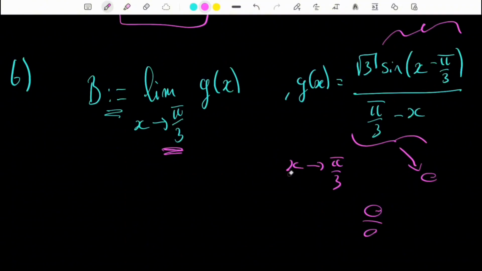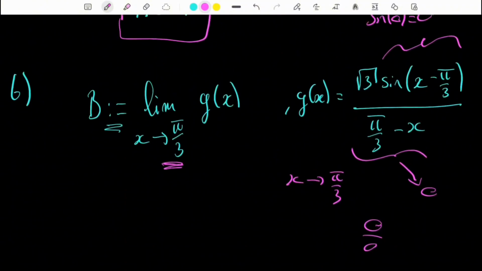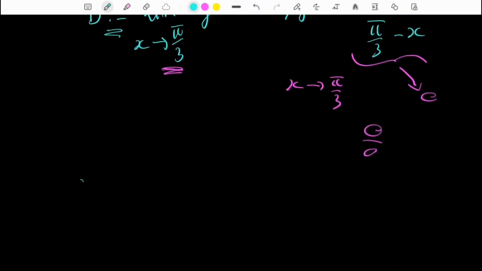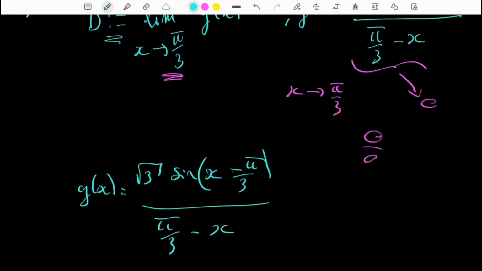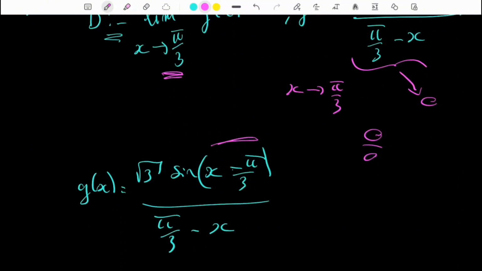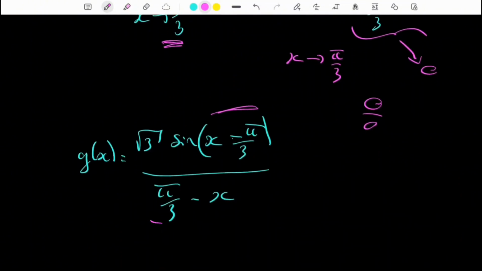This is a little bit more difficult than the other one, but we can do it just by seeing that what's under the sinus and what's here are quite the same thing, one being the inverse of the other one.